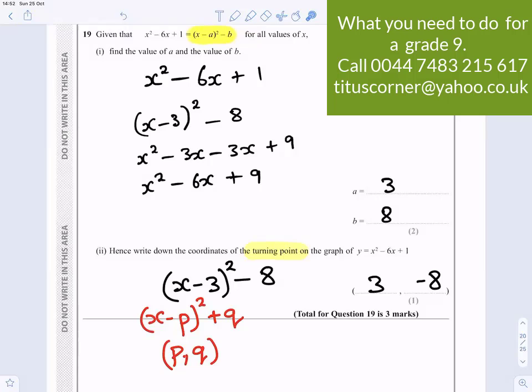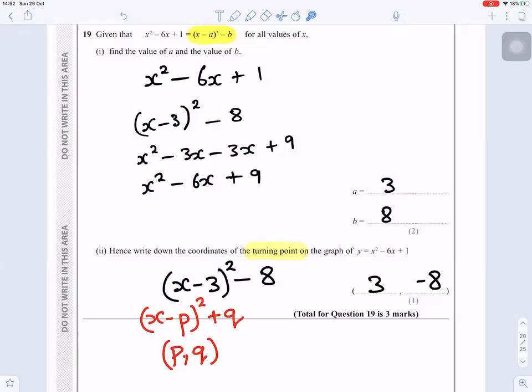Completing the square method is used there. Hence, part 2, write down the coordinates of the turning point on the graph of y equals x squared minus 6x plus 1. Hence means you use your answer from part 1. Since we completed the square, it is x minus 3 all squared minus 8.